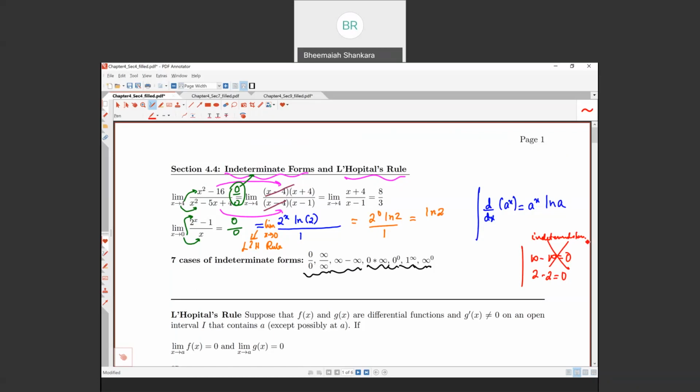All you know is it's infinite numbers. It's not a nice, neat, defined number. So do not write infinity minus infinity as 0, or do not write 0 times infinity as 0. This is also a wrong way of writing. So all these forms are called indeterminate forms. So the right definition will be indeterminate.